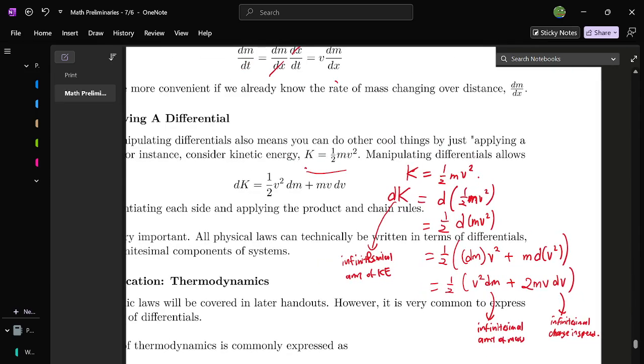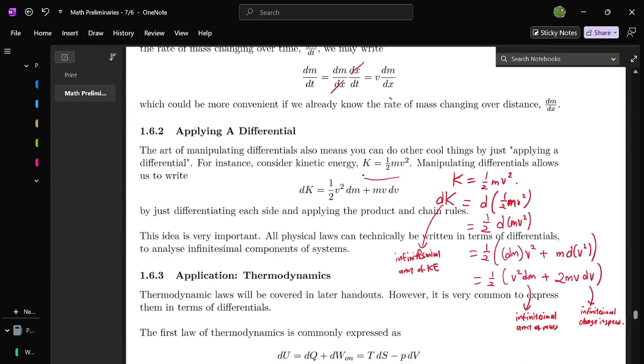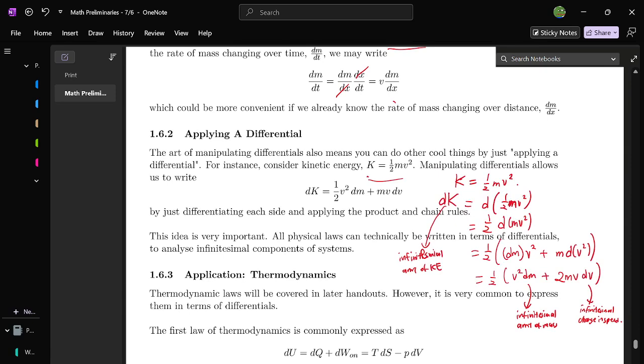And usually these equations are very helpful as it allows us to, for instance, integrate these later once we find other expressions, for example, for your v and m. So technically, you can write every physical law you know in terms of differentials. And once you do that, you can analyze infinitesimal components of all systems.